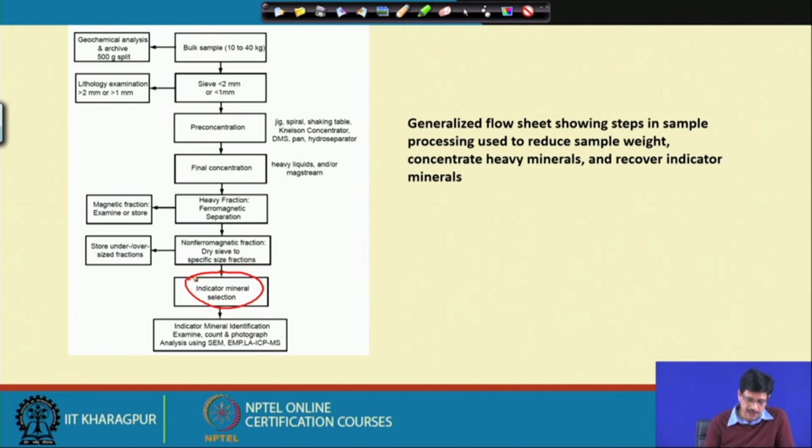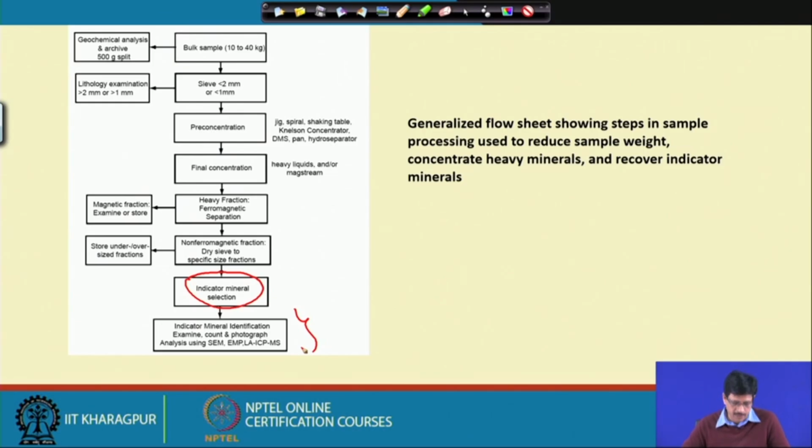These indicator minerals are subjected to study where we need to identify them, examine them, and then more importantly analyze them chemically.